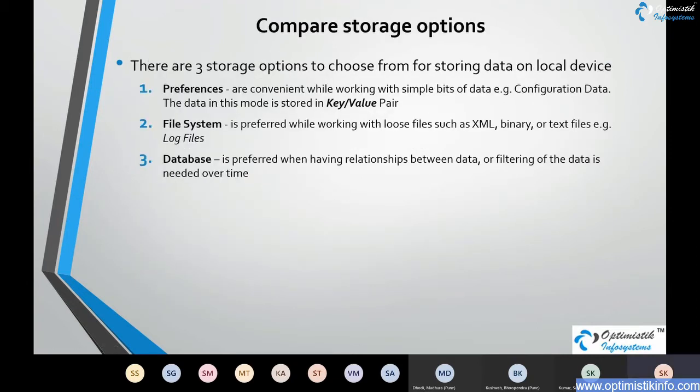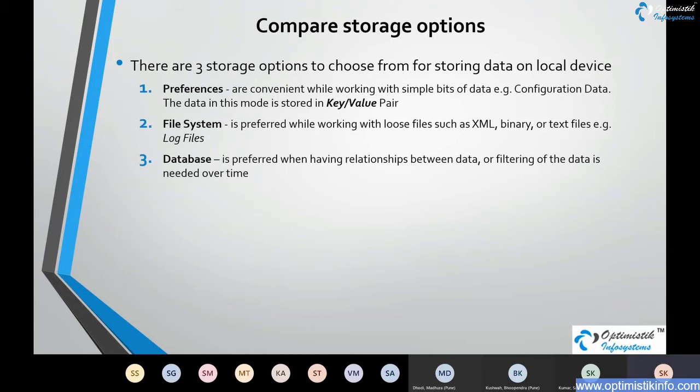So practically, what options do we have on the device to store the data? Typically, we have three storage options to choose from for storing data on the local device. The first one is preferences. The second one is file system. The third one is database.